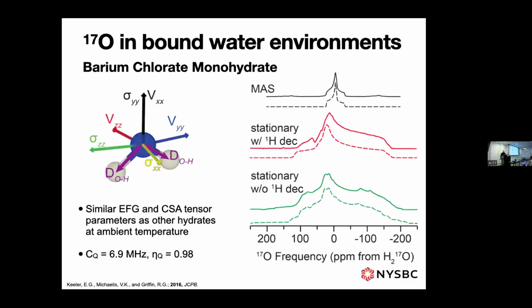Yeah. So the next step is, maybe we can do something simpler, because there's a lot of other things happening in an amino acid. You have all kinds of other nuclei, there's other motions. Let's just get down to something much more understood. So we looked at barium chlorate monohydrate. This is a sample that's been done for years.